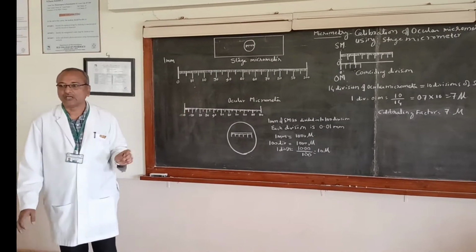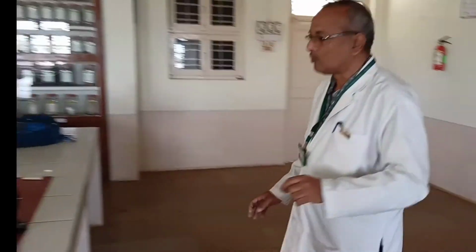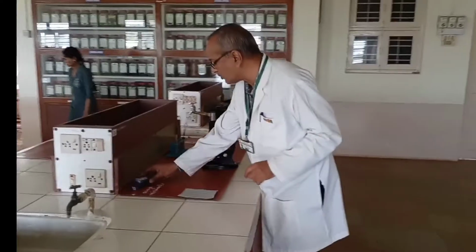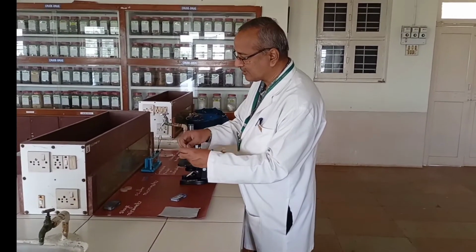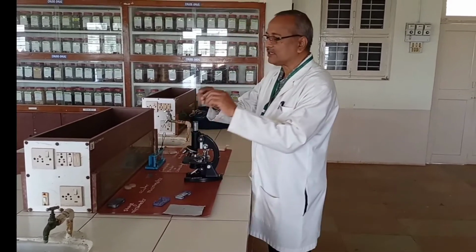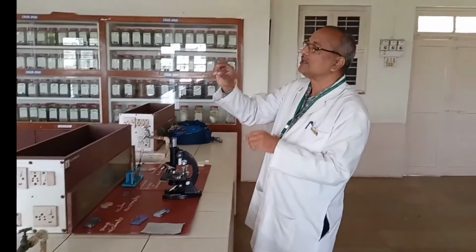This is the calculation we are using for the standardization itself. And let's come to what the stage micrometer is and what the ocular micrometer is. This is the stage micrometer, the slide which is etched with the 0 to 100 divisions, and it is measuring 1 millimeter itself.